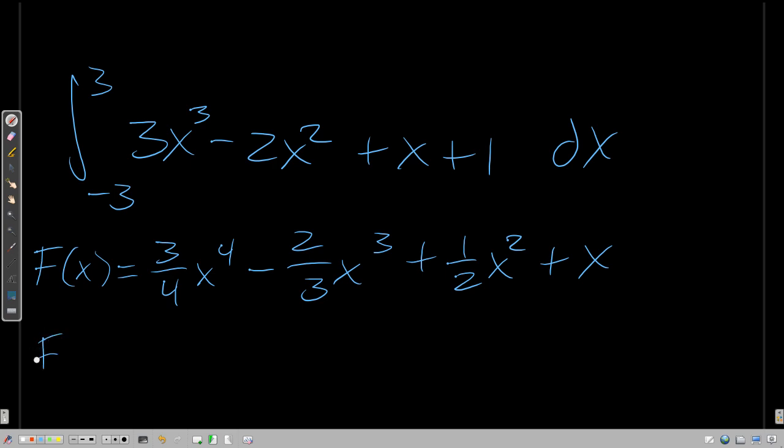Then I want to find F of 3, and I want to find F of -3. I want to take their difference. F of 3, let's see, that's going to be 81 minus 18 plus 3 plus 1.